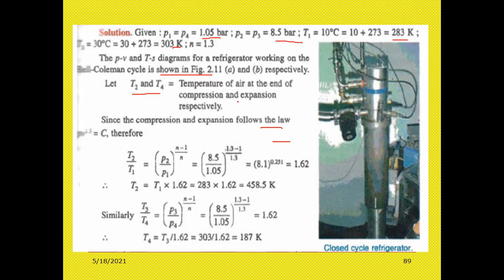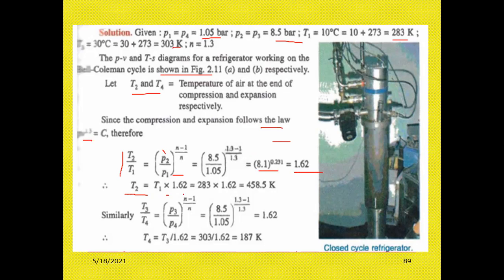Since the compression and expansion follow the law PV to the power of 1.3 is equal to C, write the formula T2 by T1 is equal to P2 by P1 to the power of n minus 1 by n. So what is the P2 value? 8.5, P1 value 1.05, 1.3 minus 1 by 1.3. So upon substituting we are getting the value 1.62, right?